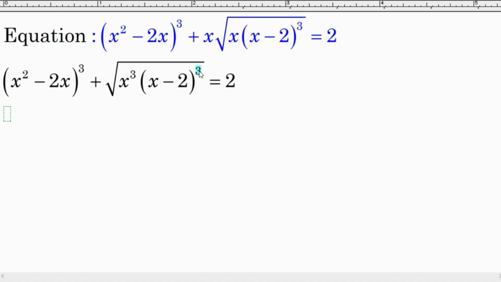When we have the same power, we can put the bases together and raise them all to the same power.